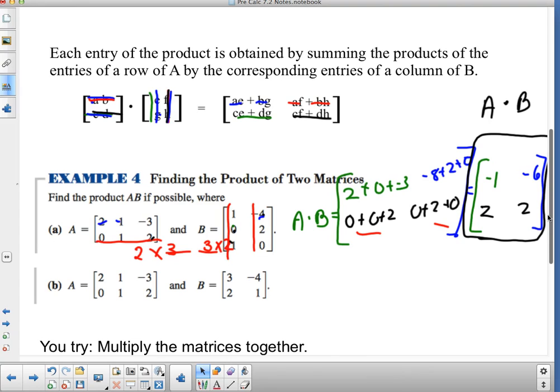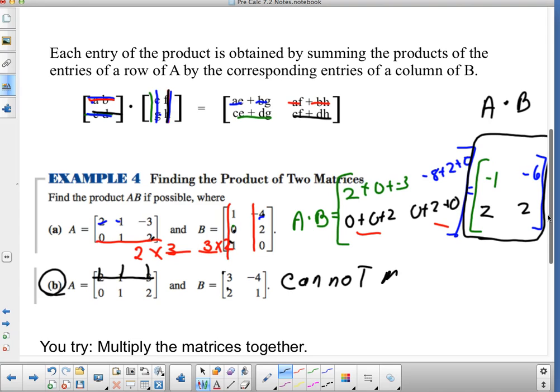Do I have in this second one, do the columns on this one line up with the rows on this one? Okay? I can go B times A because it's a 2 and 2. Okay? But I can't go A times B. In this case, this is undefined. Cannot multiply A times B. I can multiply B times A, okay?